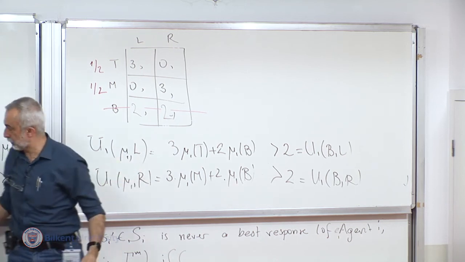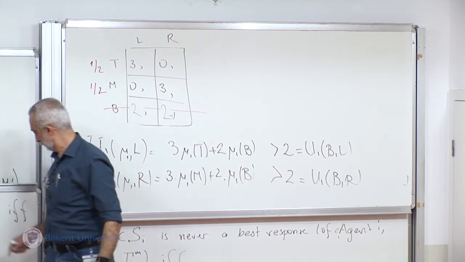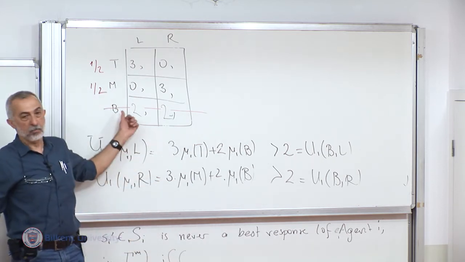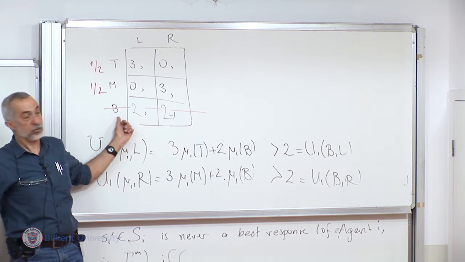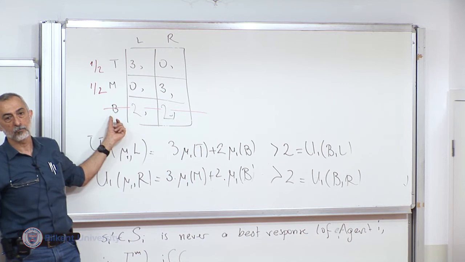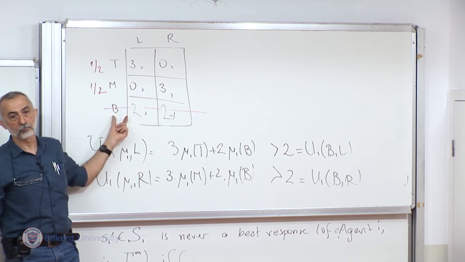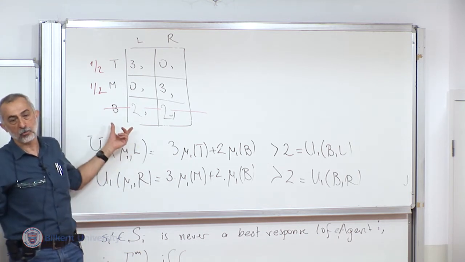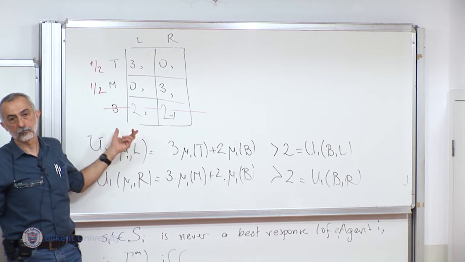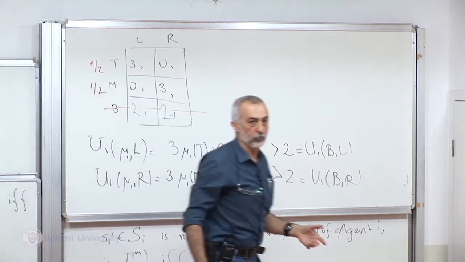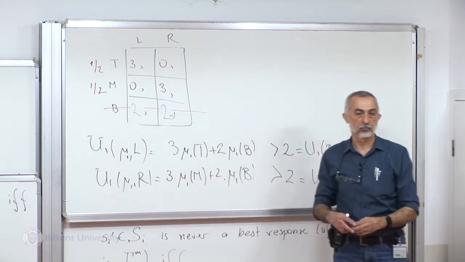Because the statement is an if and only if statement, it means that B is a best response, even though it's never a best response in the pure strategy game. It's a best response to some strategy profile of the opponents in the mixed extension game. For example, which strategy profiles? Can you give me a mixed strategy of player 2 for which B is a best response?